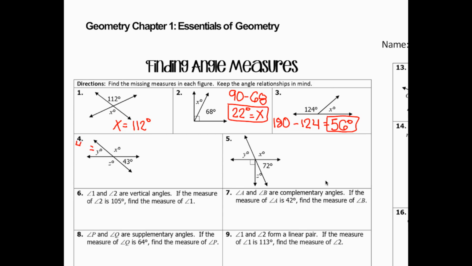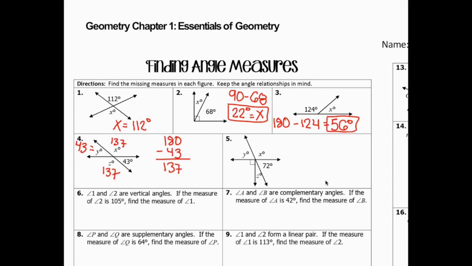So I know that has to be equal, so it's 43. And then if I want to find x and z, I know that they form a line with 43 degrees. So I need to take 180 minus 43, which is going to be 137. So this is 137 and this is 137.